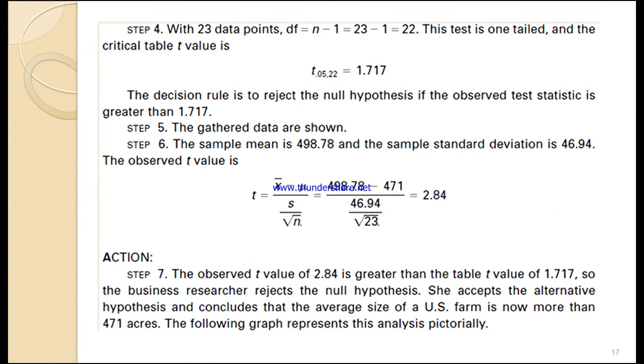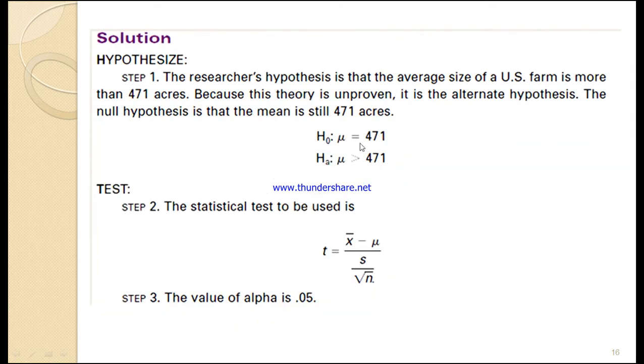At step number 4, we look at sample data. We are given with sample data. Therefore, degree of freedom is n-1, which is 23 minus 1, which will be 22. Therefore, degree of freedom in our case is 22. And this test is one-tailed because in alternative hypothesis, the sign is greater than.